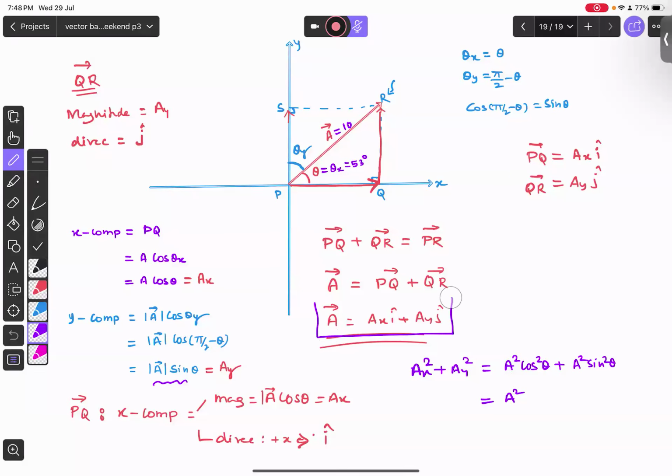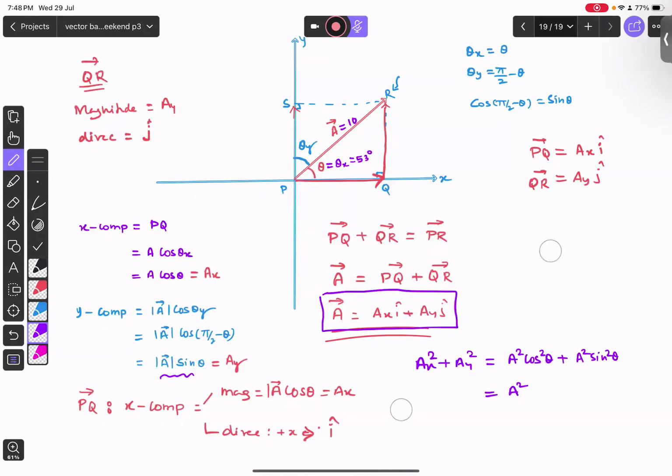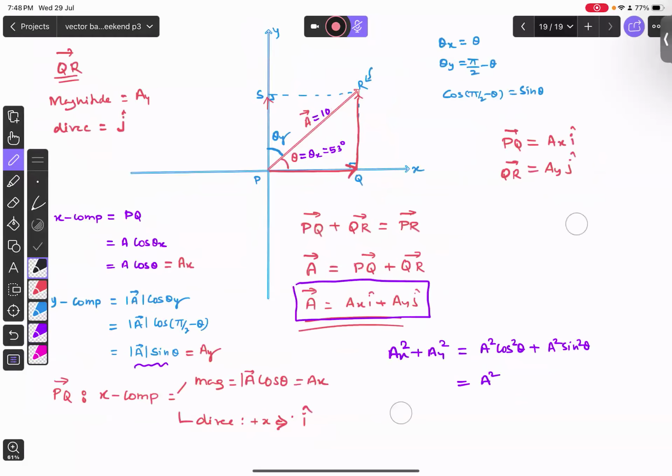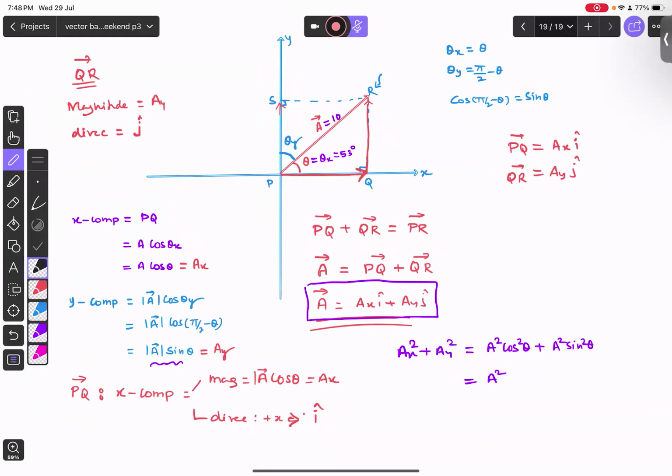So this is what we can do to write a vector in terms of its Cartesian components in 2D, no? And if I know the vector in terms of these components, other uses are also there. I want to find what angle it is making from the positive x direction. That too we can do. Okay. Copy this thing. Or maybe next page I will tell directly in 3D one.